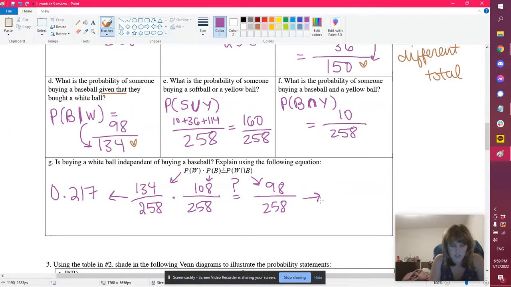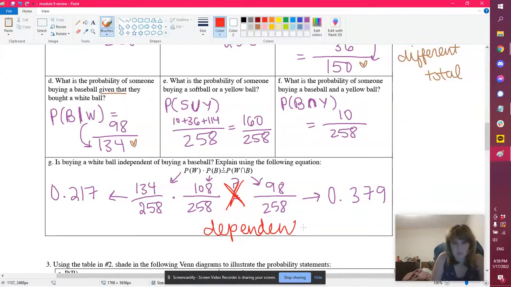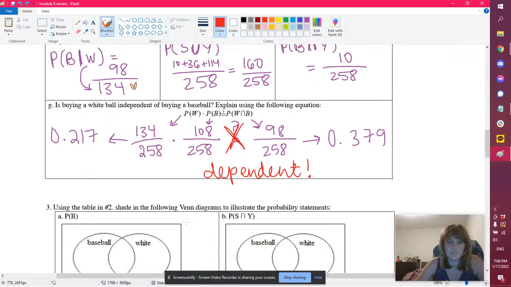This side, 98 over 258, is 37.9%. Turns out these are not equal. So these are dependent. D-E-P-E-N-D-E-N-T. Dependent, because these numbers are not equal. If these numbers were equal, these would be independent. Cool.